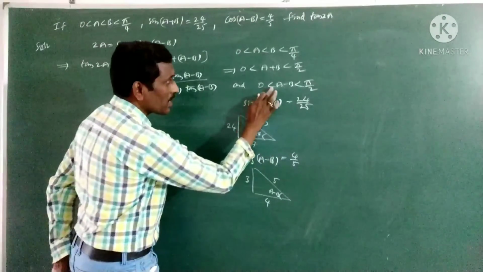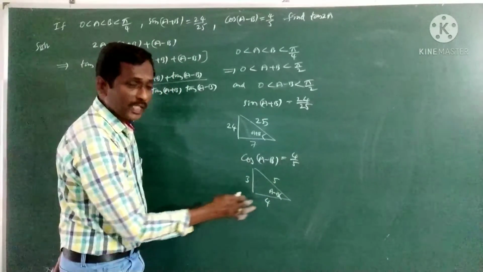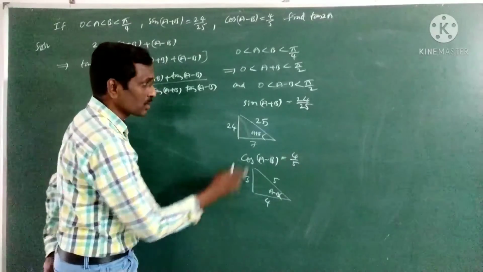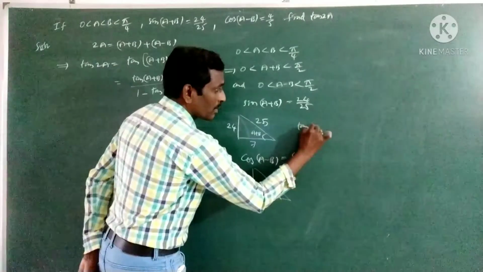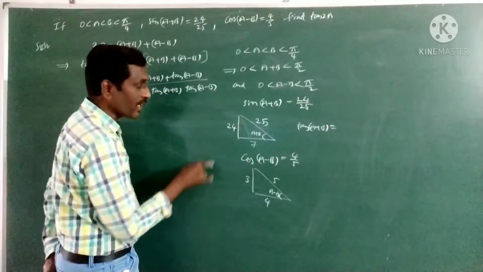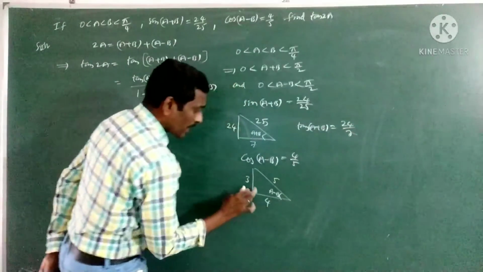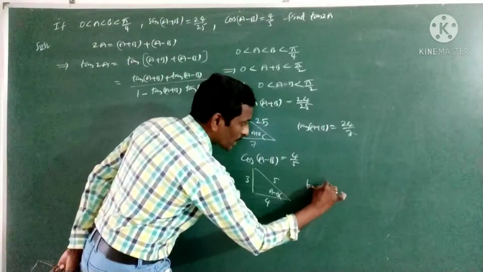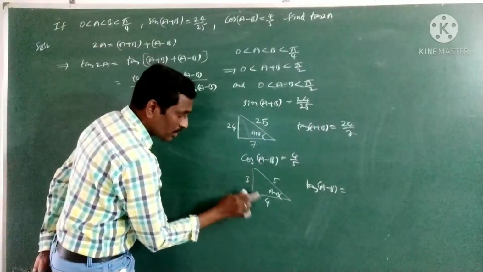Again, a − b also lies between 0 and 90°, which means it is also in the first quadrant, so all function values from this triangle are positive. Tan of a + b from this is 24/7. Again, tan of a − b from this triangle is 3/4.